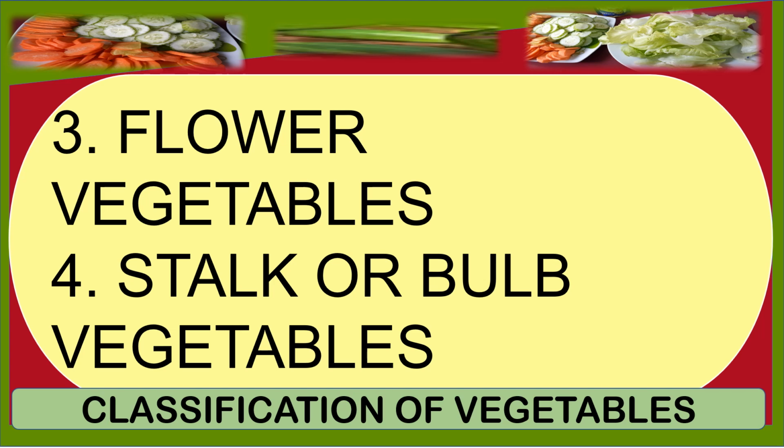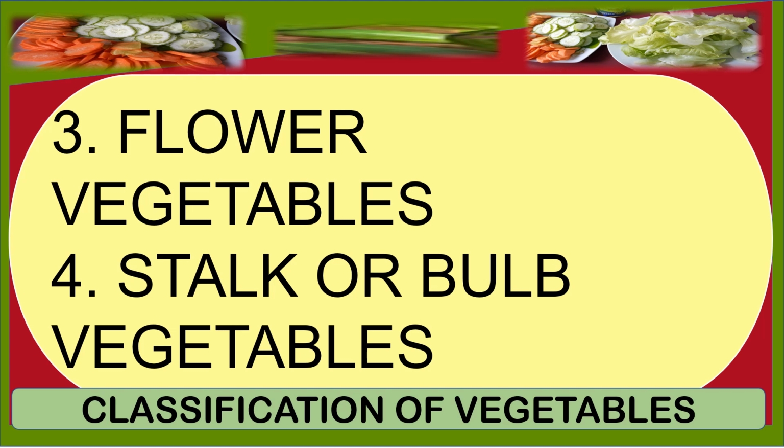Then of course it could be banana flower. We can use the banana flower, right? The heart, or we call it puso. Puso. Okay, those are examples of flower vegetables.